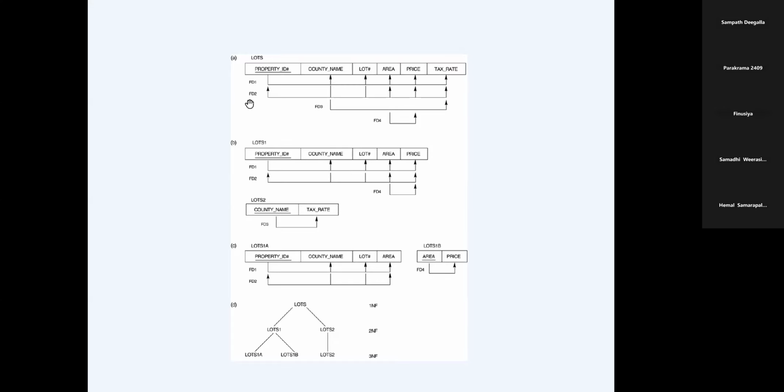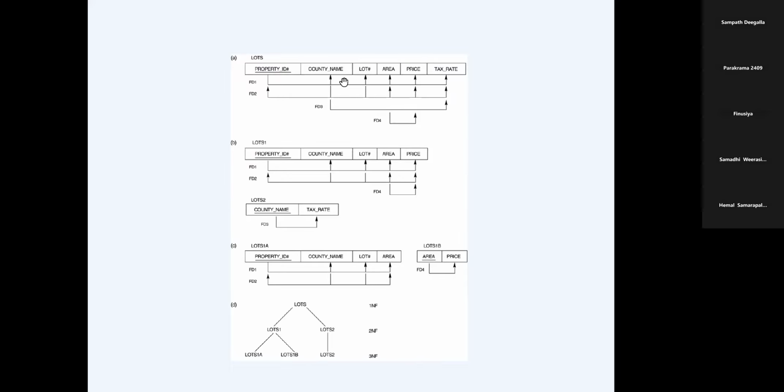Can you tell me what is happening in functional dependency two? What is functional dependency two? If you look carefully here, it says using country name and lot number, you can functionally determine any other attribute.